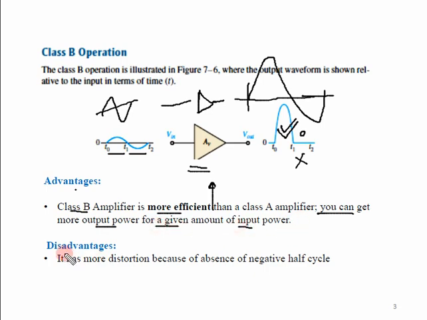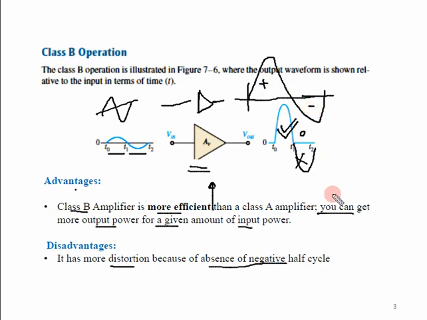Now the disadvantage is that it offers more distortion. By distortion we mean the absence of the negative half cycle. There is no negative half cycle over here. Because of this, the distortion is greater compared to the class A amplifier, where we have both positive and negative half cycles.